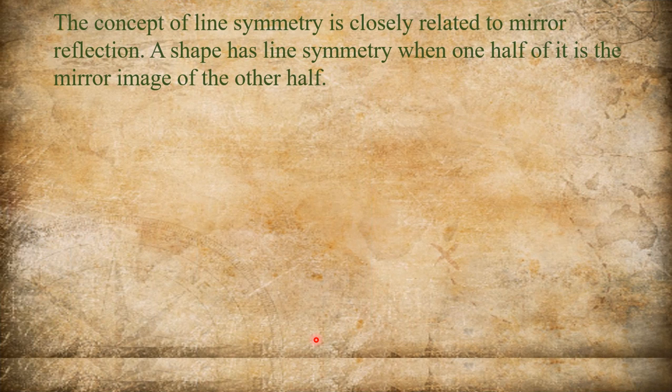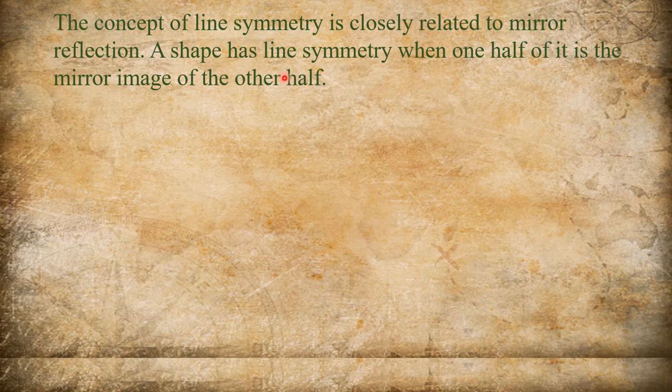This concept of line of symmetry is very near to the mirror reflection, as you see your image in the mirror, but it is not exactly that. Our left hand in the mirror image is not on the left side.